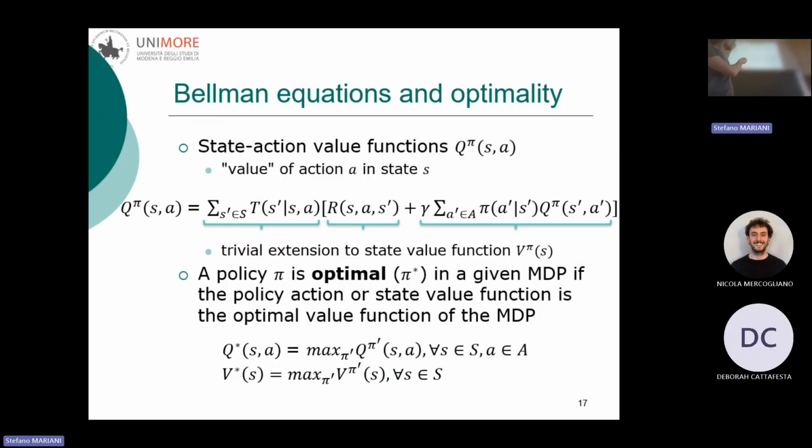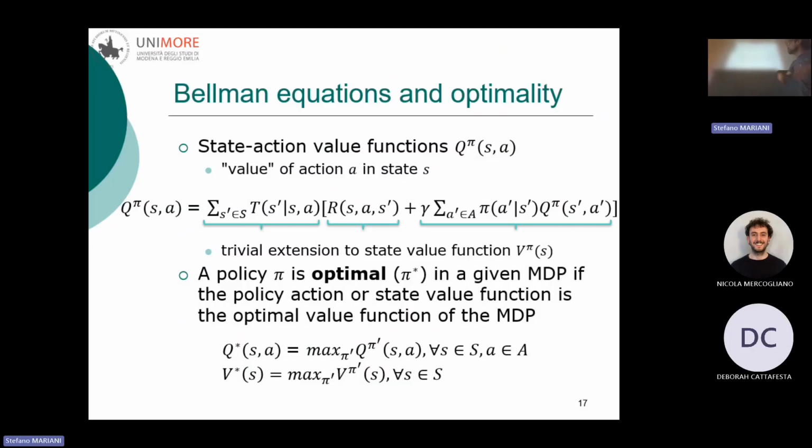Here instead, the summation over the action is inside, because now I want to know the value of being in a given state and choosing a specific action. So I don't need to sum over the actions here for the expectation. That's the difference between the two forms. The rest are the same.